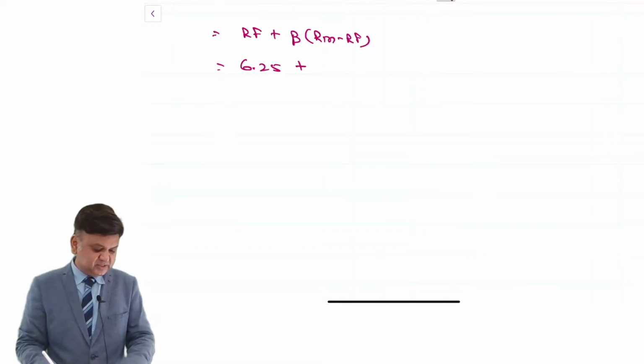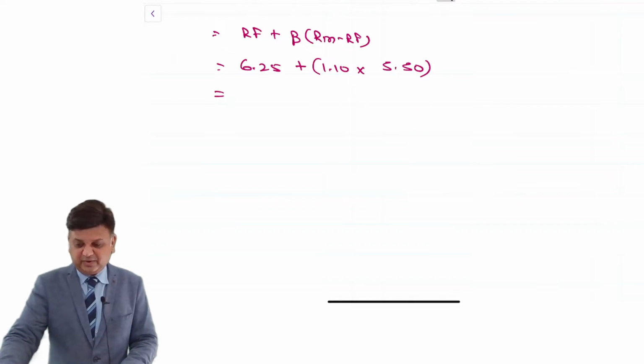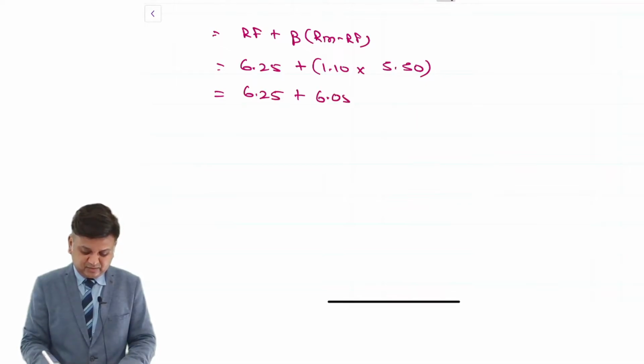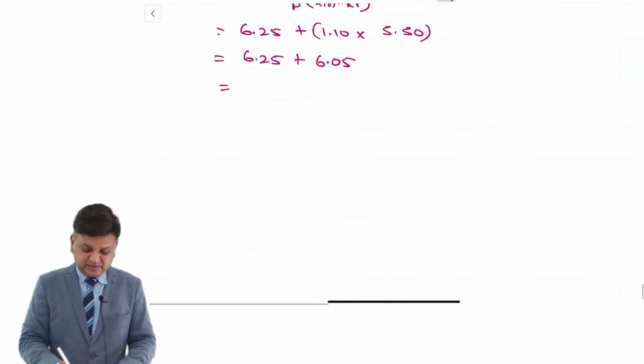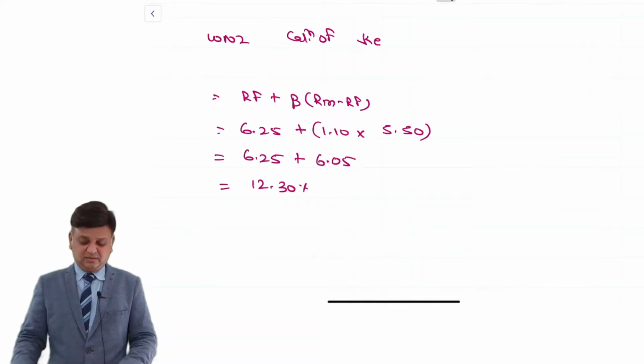Beta is given to us as 1.10, into RM minus RF, the given market risk premium of 5.50. So 1.1 into 5.5 is 6.05. So 6.25 plus 6.05 comes to 12.30. This is the way cost of equity is calculated.